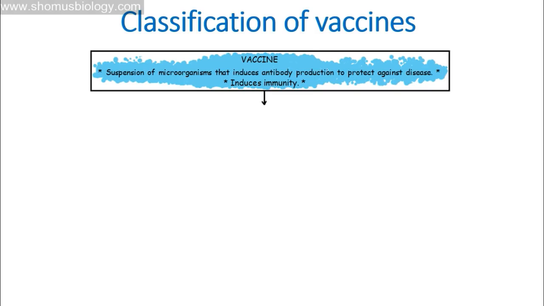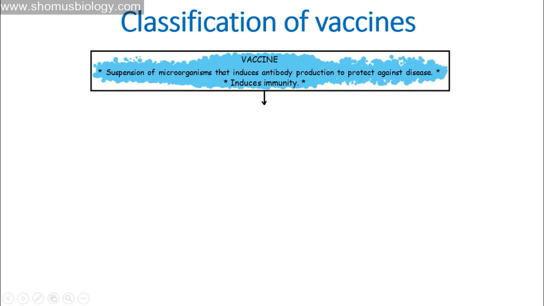And once our body produces antibody, which is a very specific fighting agent against those antigens or pathogens, then in future, if that same kind of bacteria or microorganism infects us, those antibodies are already prepared, so our body is already ready to fight against them. So we are not going to feel sick from that same microorganism infection again in future. So that's the overall story of vaccines and vaccination.